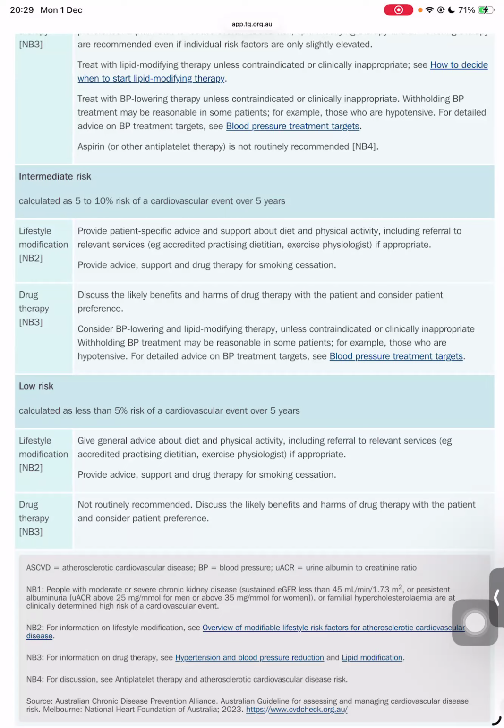Other drug therapy and atherosclerotic cardiovascular disease risk. Here, annual influenza vaccination is recommended in all patients and is associated with a significant reduction in the risk of cardiovascular events.